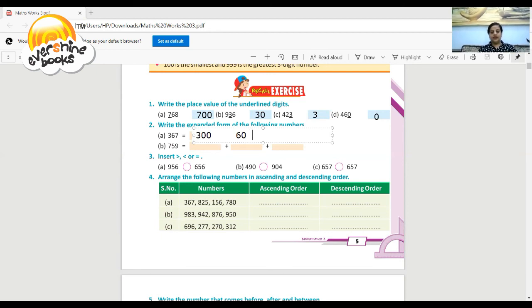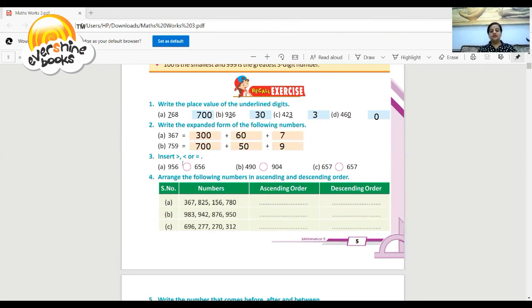Now next 7 is left, so 7 as it is without any 0 because it is at ones place. Got the point? Yes, students. Now 700 plus 50, 5 tens and 9 ones. This is the answer. This is the expanded form.